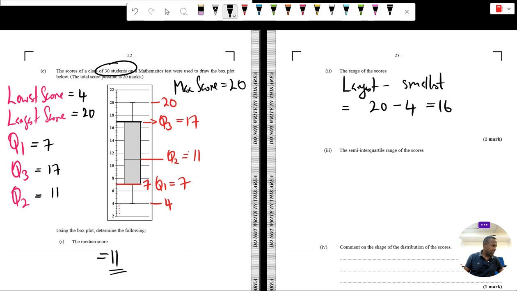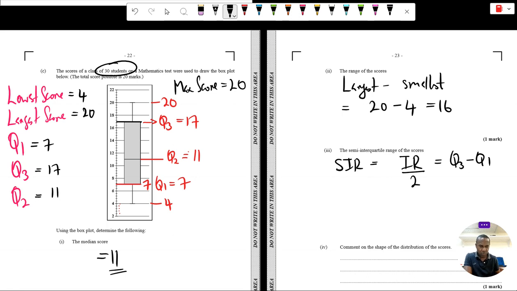Now, the next part of the question is the semi-interquartile range. By definition, the semi-interquartile range, or SIR, is equal to the interquartile range, IR, divided by 2. And of course, the interquartile range is equal to Q3 minus Q1.